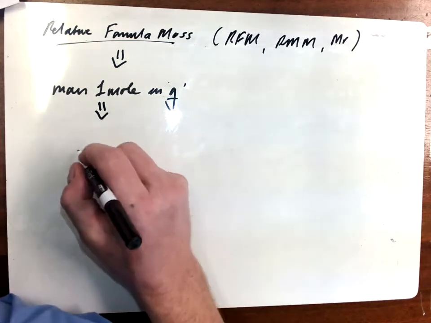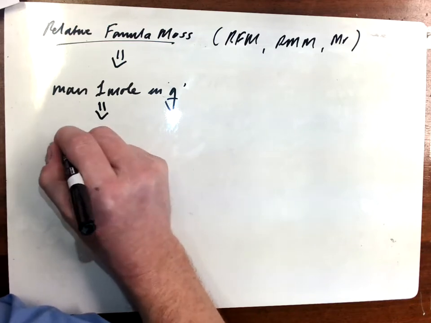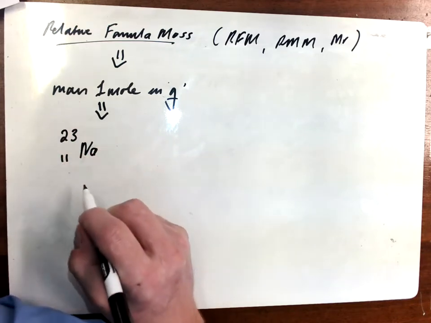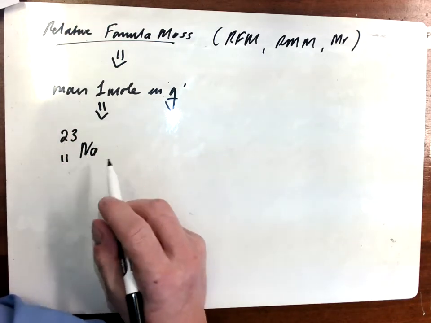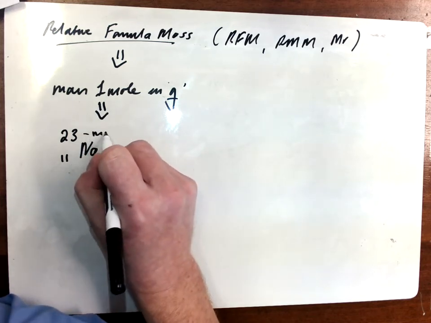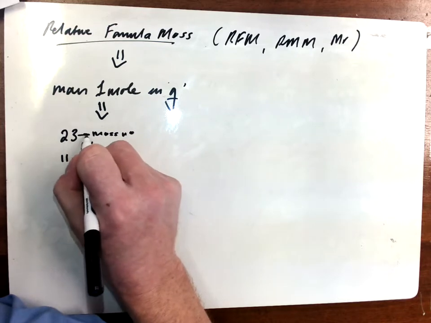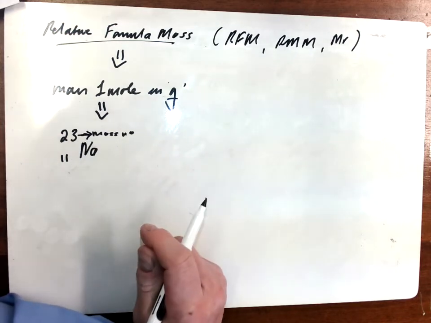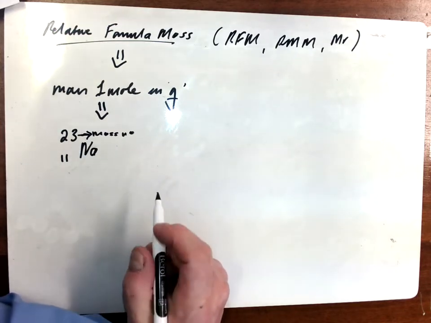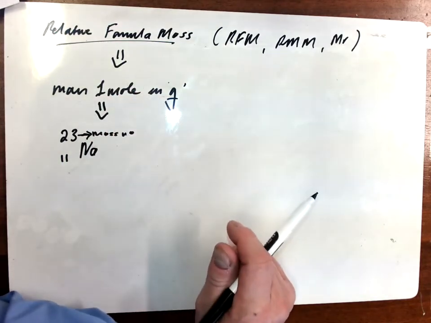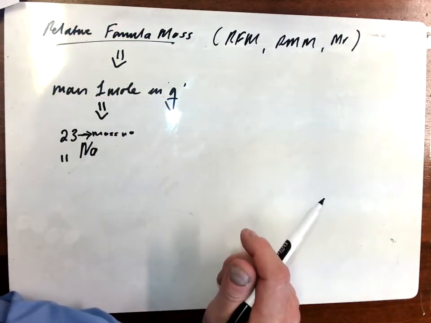So, what I mean there, if I took sodium, and we look at the two numbers in sodium, we have the top number, which is the mass number. That mass number is the number that we use to calculate the relative formula mass, or the relative molecular mass.